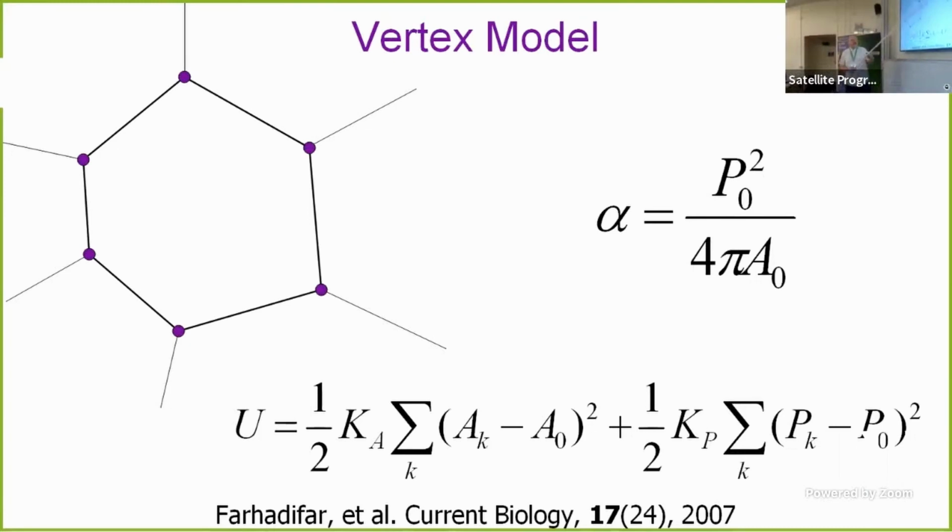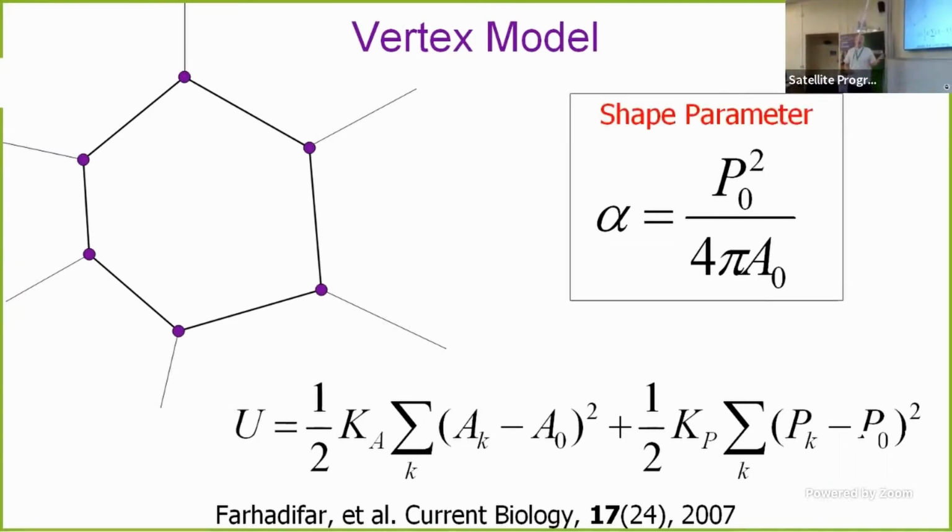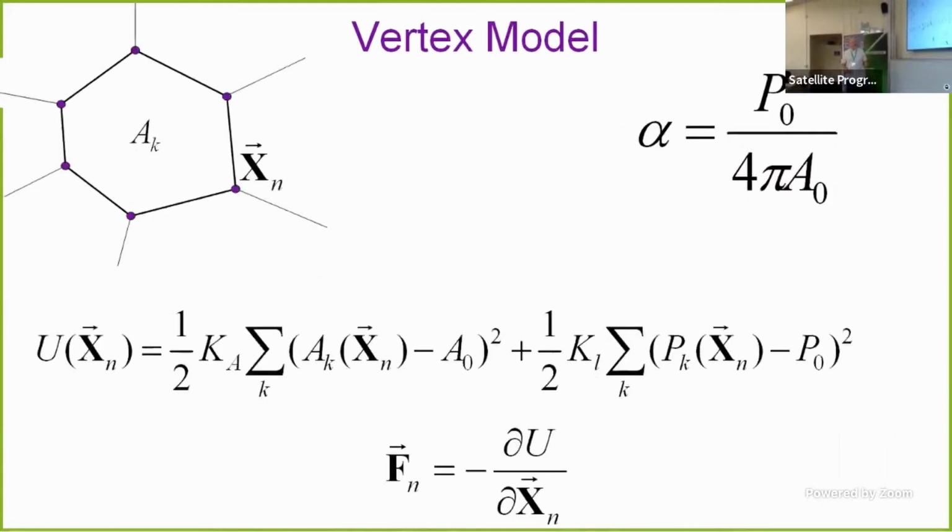Again, you'll see this term come up that we see all the time, which is the perimeter squared over 4 pi times the area. We call this the shape parameter here, as opposed to circularity or acircularity, because of what we discussed before. Okay, so how does this actually work? It only works because area can be expressed explicitly in terms of vertices, and perimeter can be expressed explicitly in terms of vertices.